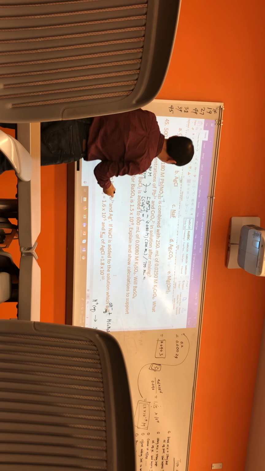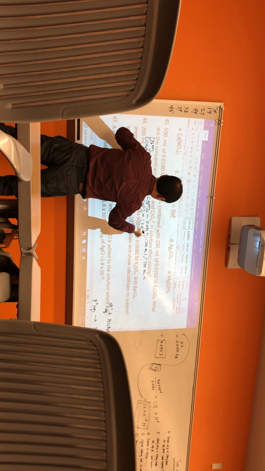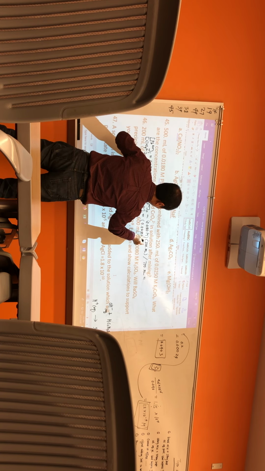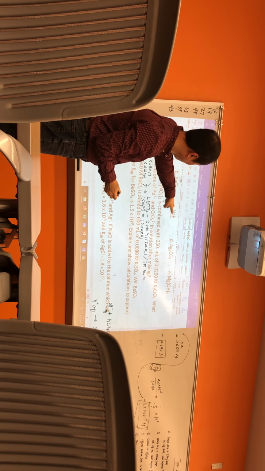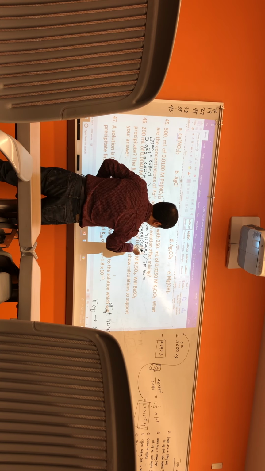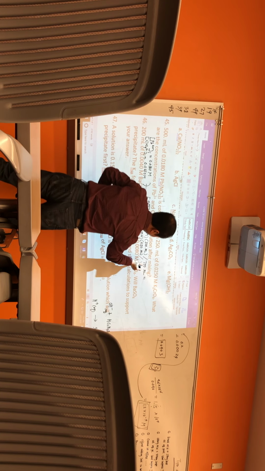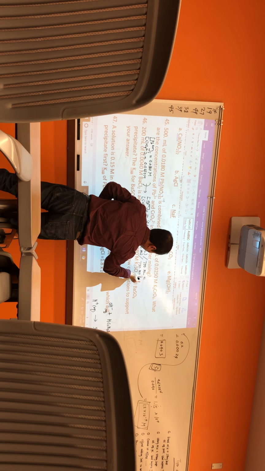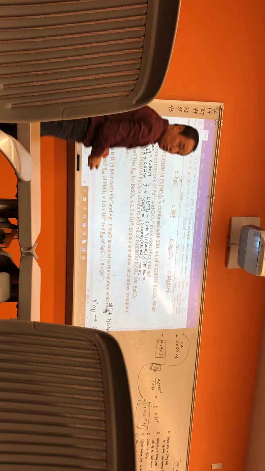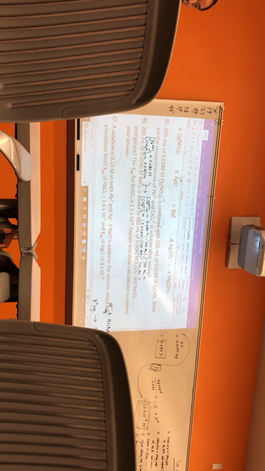Chromate, initially that concentration for the used volume is 250. If you multiply, we will get millimoles. Then millimoles divided by total volume. That will be our new concentration. And that's it.